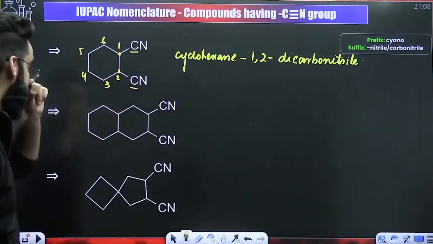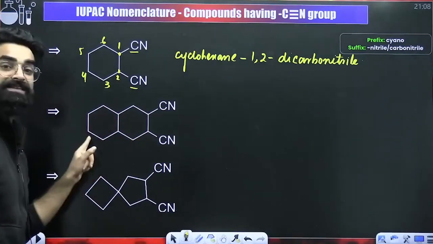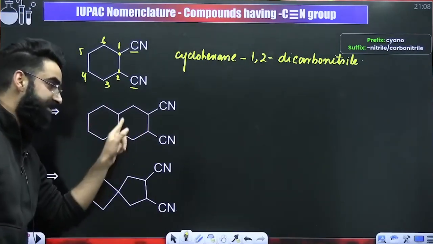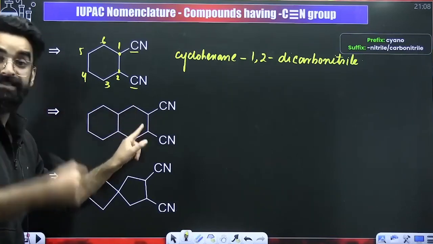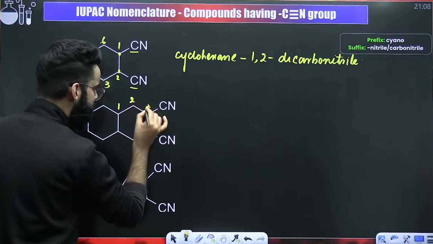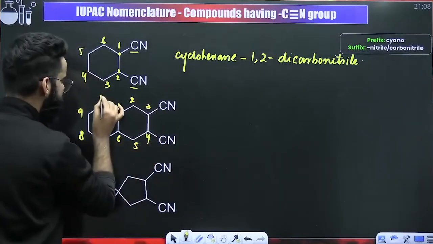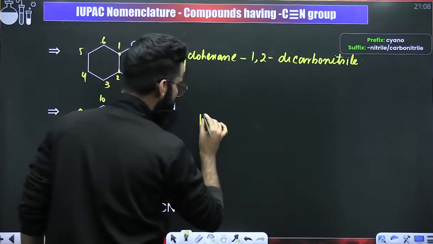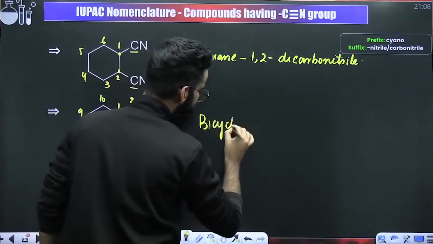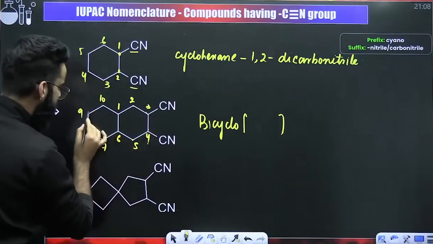Perfect. Look at the next one. Bicyclo compound. Same sized rings. But this ring is substituted. It contains the functional group. So prioritize this one. Calling this carbon number 1, this is 2, this is 3, 4, 5, 6, 7, 8, 9, 10. So I'll be using the term bicyclo. Now, 1, 2, 3, 4. 1, 2, 3, 4.